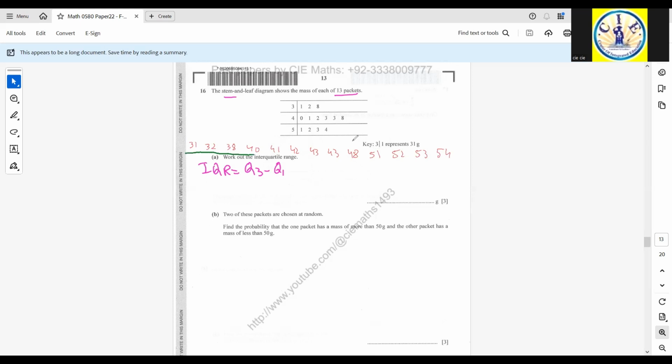1, 2, 3, 4, 5, 6. 1, 2, 3, 4, 5, 6. So this is going to be the first half, and for the median of these, I'm going to leave the first two and the last two numbers. So Q1 is here, that is 38 plus 40 divided by 2, that is 39.